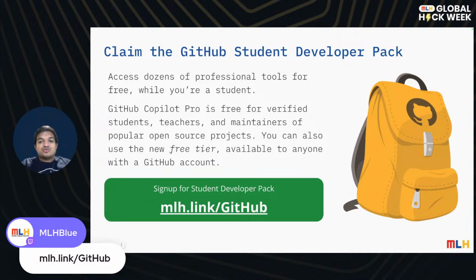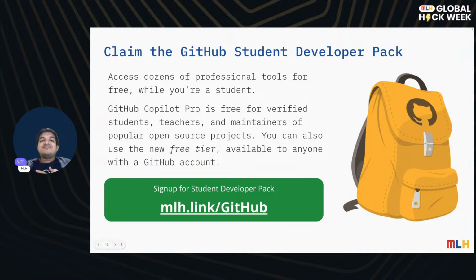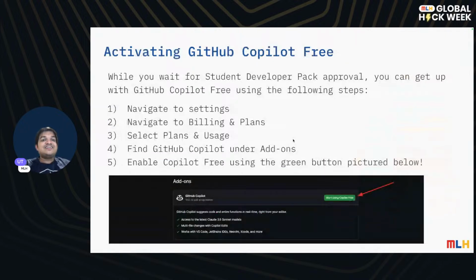Now, if you're not a student like me, then we have two options. In my case, I go for the next best thing, which is activating GitHub Copilot for free.